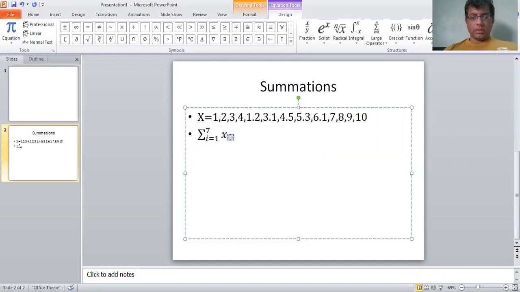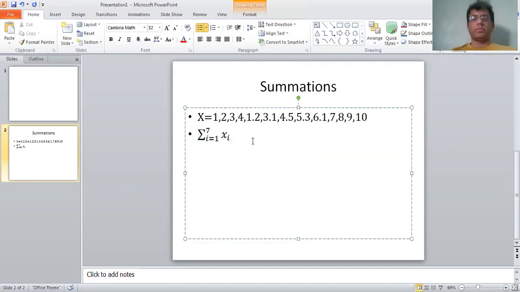And this is xi. So what does it mean? There's a little confusion among the students, so be very careful when you are working with the summations. And I will try to explain this thing in a simple way so that it is easier to understand. Summation i equals 1 to 7 xi means something like this.